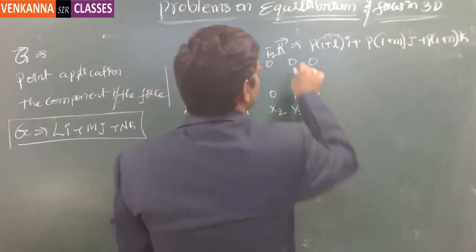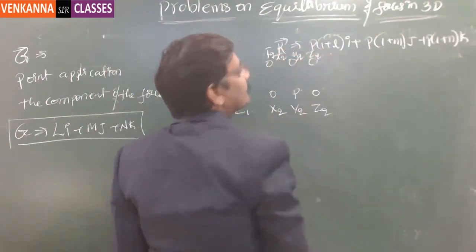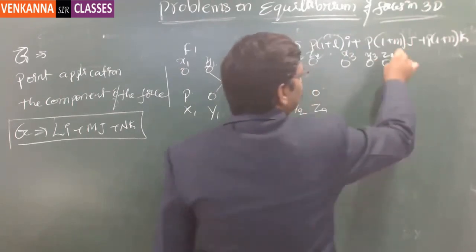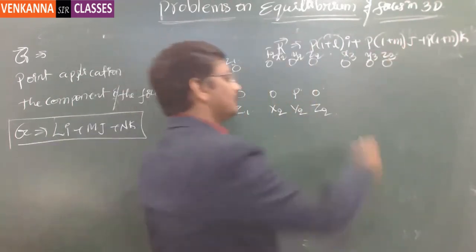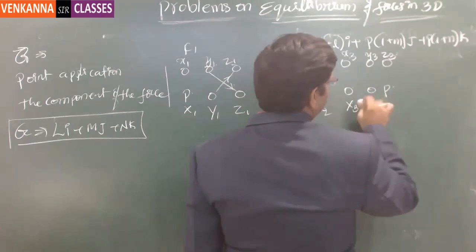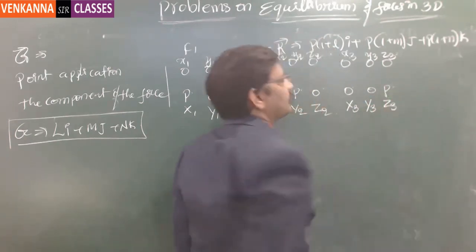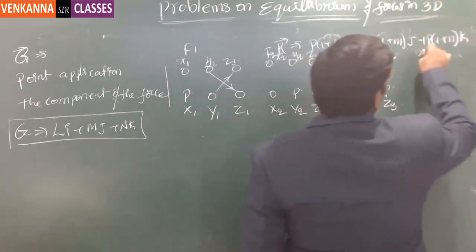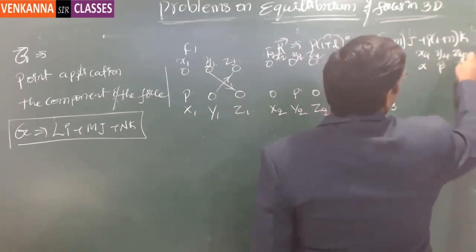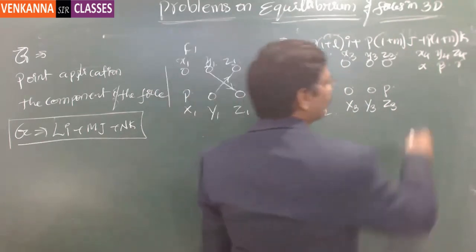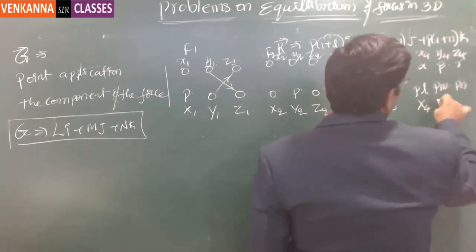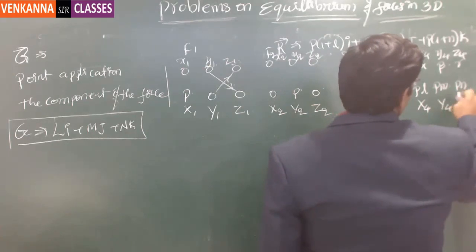Similarly for the third force, the point of application is the same, x3, y3, z3, which is again the origin, and the components of the force are 0, 0, P. For the fourth force, x4, y4, z4, the point of application of the force is alpha, beta, gamma, and the components of the force along the x-axis are PL, PM and Pn. So this is capital X4, Y4 and Z4.